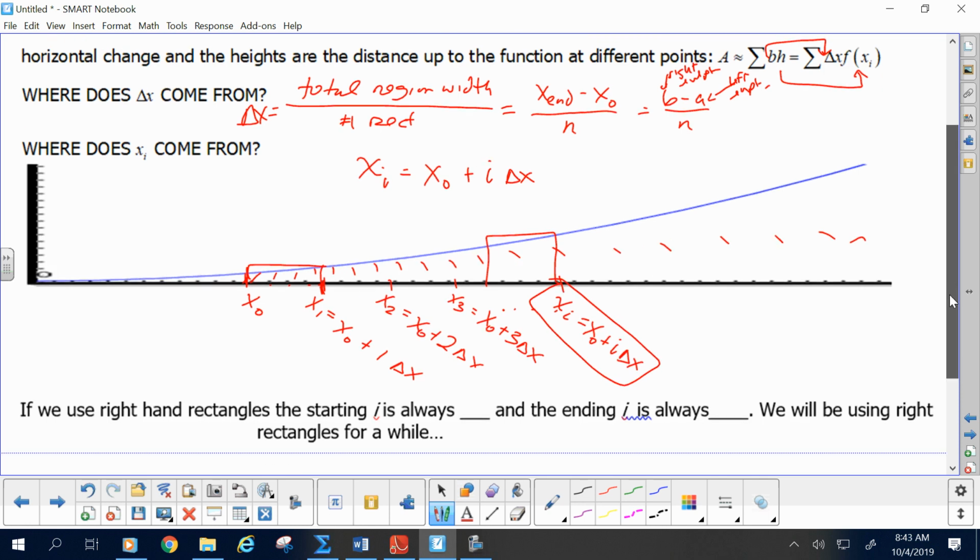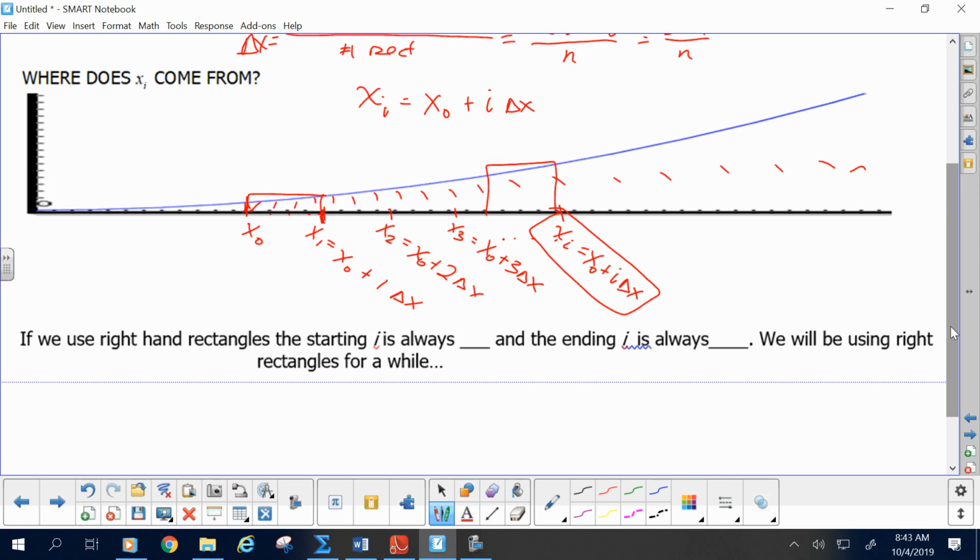So far, so good? Okay, now if we use right-hand rectangles, then the first x at which we would draw the height is x1, and that is always going to be the first. Maybe we should do this here. Okay, so I think you'll agree that all these x's have x initial plus some number of delta x's.